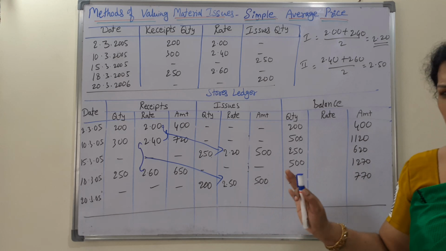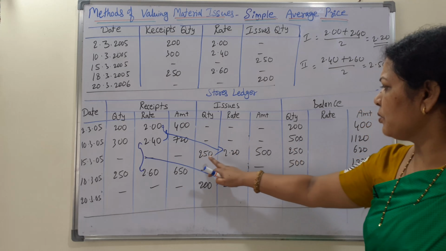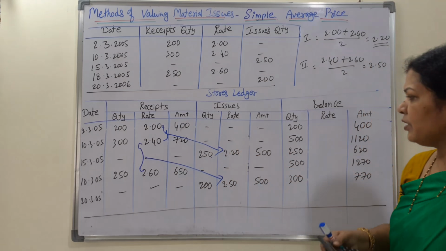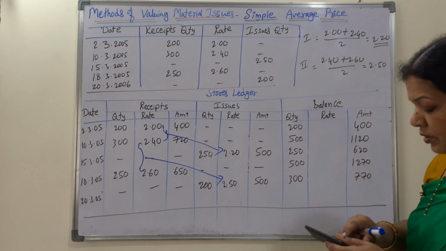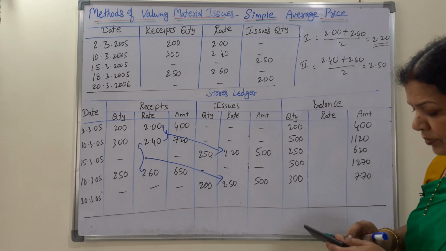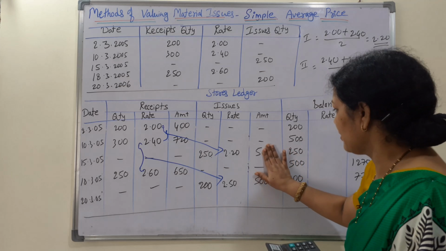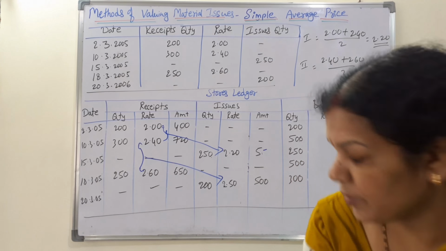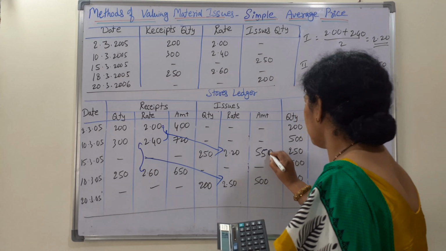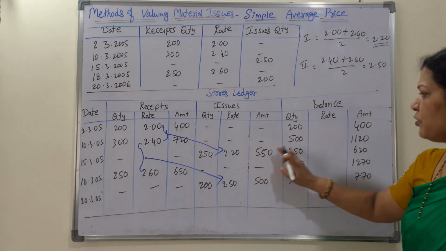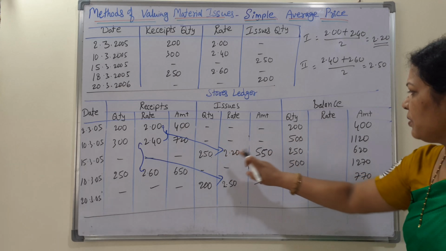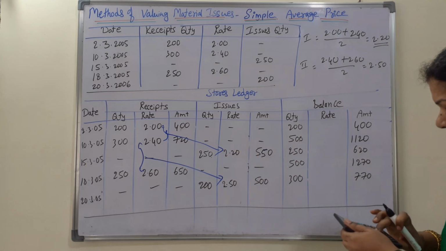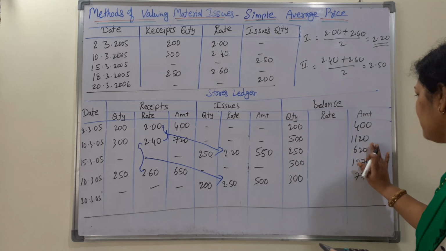Let's check the calculations once again. 250 into 2 rupees 20 paisa is 550. That is the issue. 500 minus 250, 250, and 1120 minus 550, it is 570.